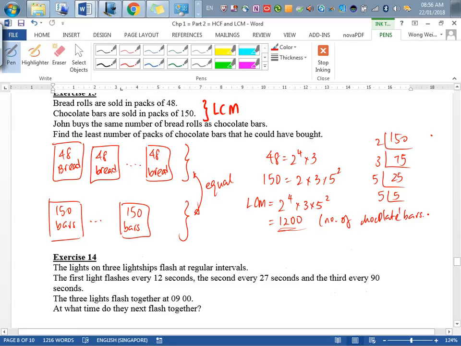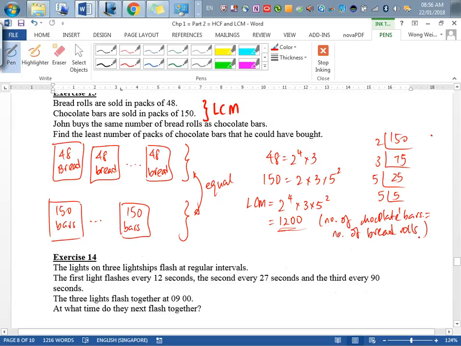Jiahui, do you agree with Ayman? This is the number of chocolate bars, 1,200. And the bread rolls, which is equal to the number of bread rolls. Yes, both of them are correct, since they're the same number.